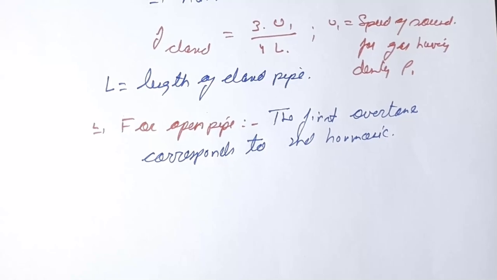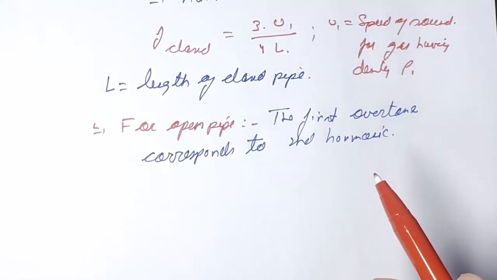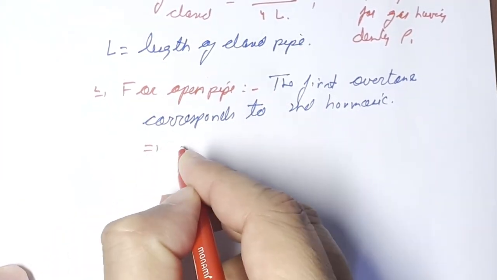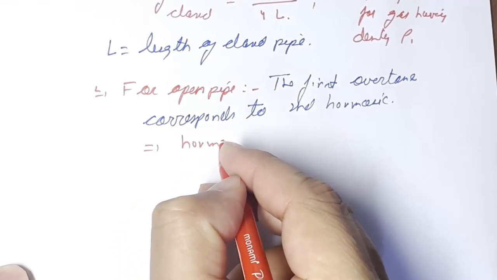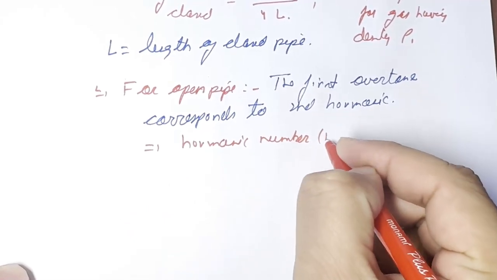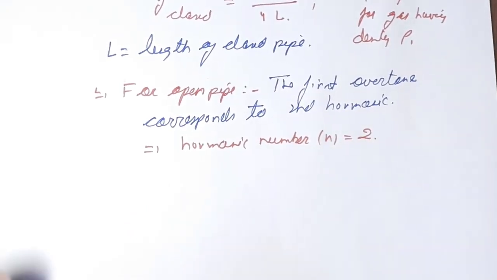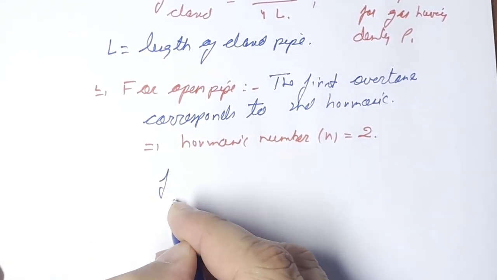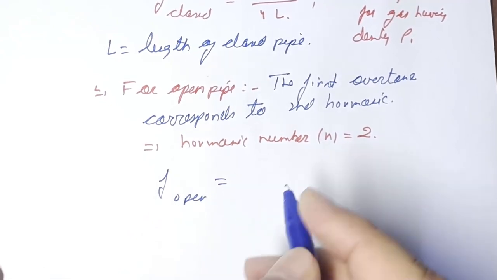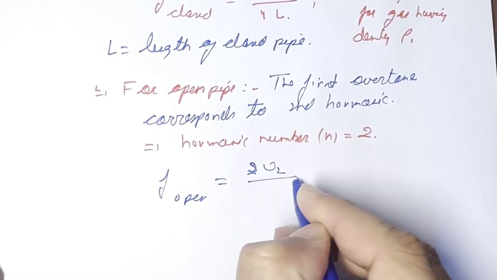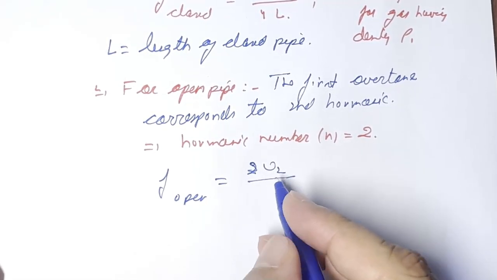So it means the harmonic number n will be equal to 2. So we can write the formula now. Our F open will be equal to 2 multiplied by V2 and divided by 2L0.